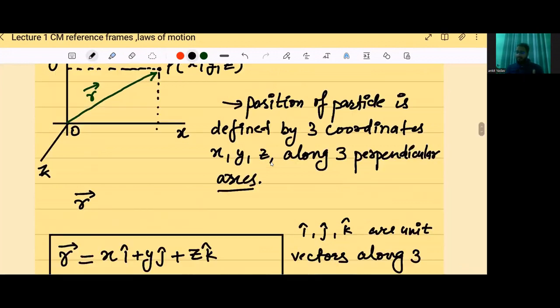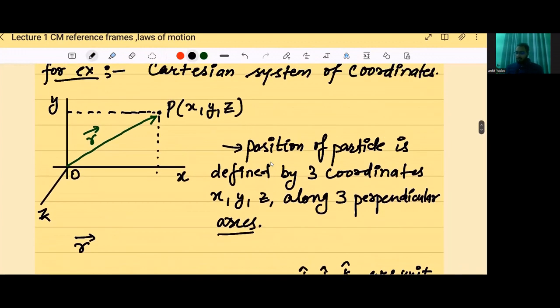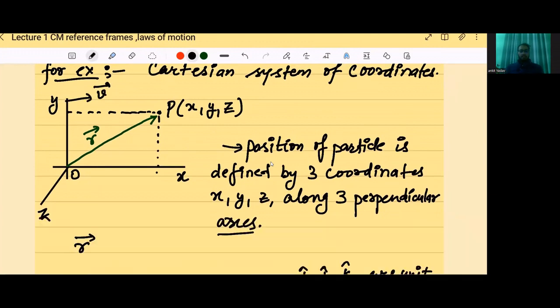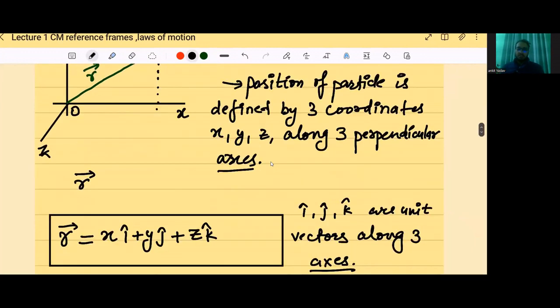Let's consider that point P is fixed and O is moving, and this coordinate system is moving with velocity v. Then point P is in motion with respect to this frame of reference or this point O. So rest and motion are relative phenomena depending on the reference frame.